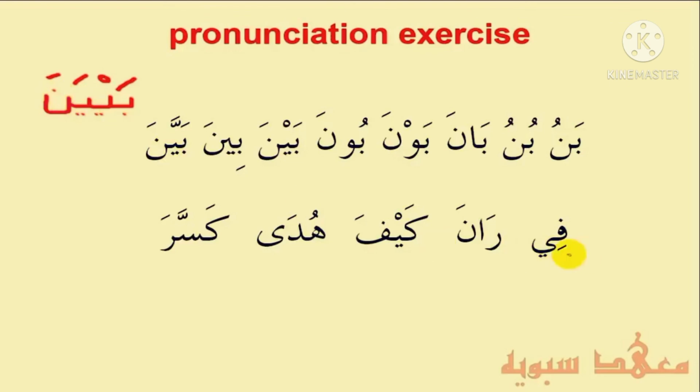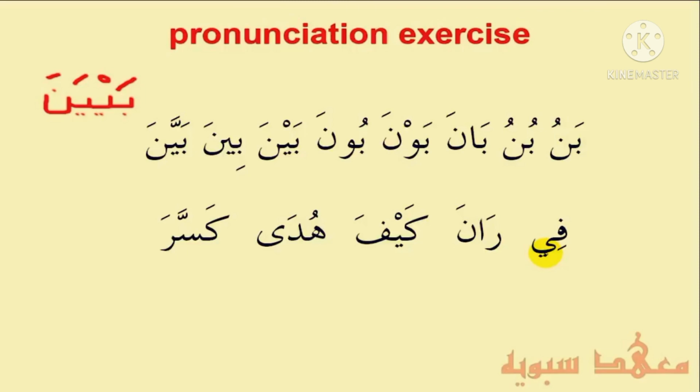So the first word is fi. So you notice there's the elongation, the long vowel. Fi means in, and that in could either be physical or abstract. So if we say fil bayt, in the house, or it could be abstract. For example, if I say fi ra'yi, which means in my opinion.